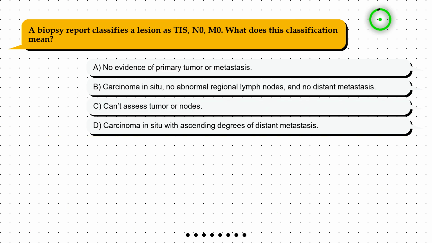Question 7. A biopsy report classifies a lesion as TIS, N0, M0. What does this classification mean? Option A, no evidence of primary tumor or metastasis. Option B, carcinoma in situ, no abnormal regional lymph nodes, and no distant metastasis. Option C, can't assess tumor or nodes. Option D, carcinoma in situ with ascending degrees of distant metastasis.